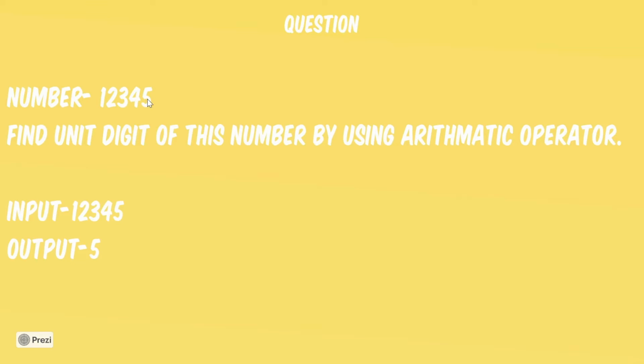You can consider it as 12,345, and you need to find the unit digit of this number by using arithmetic operators. So if your number is 12,345, you should give the output as 5. Suppose your number is 1234, your output should be 4. Suppose your number is 123, your output should be 3.